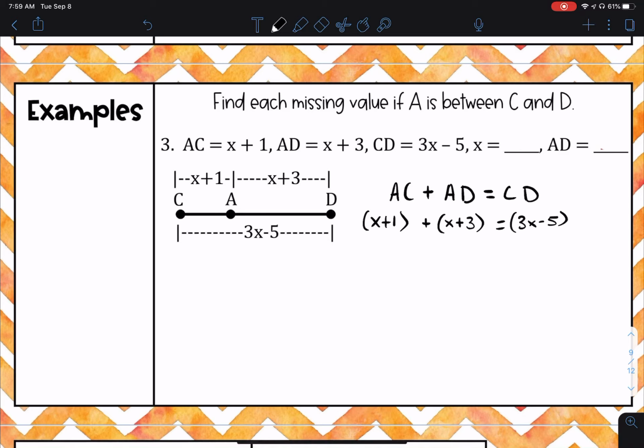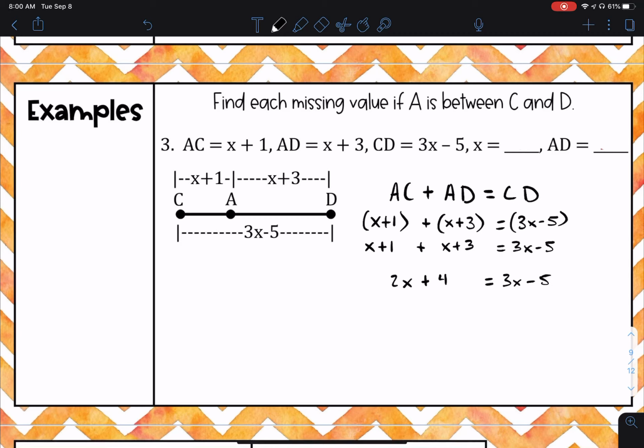If I look at each one of my parentheses, there's nothing I need to do inside of them, so I can go ahead and drop all my parentheses. Now I just need to solve for x. On the left side, I need to combine like terms. x plus x is 2x. And then I have 1 plus 3, which is 4. And it equals 3x minus 5.